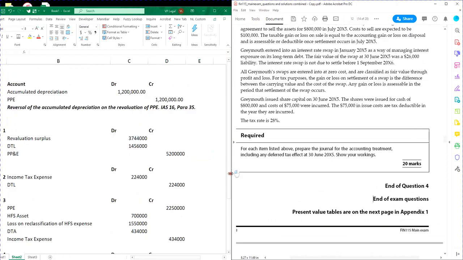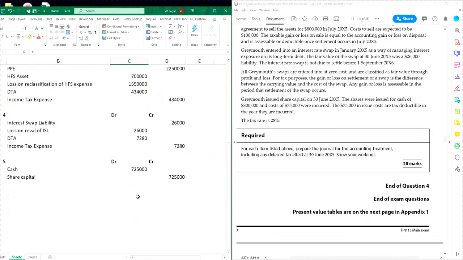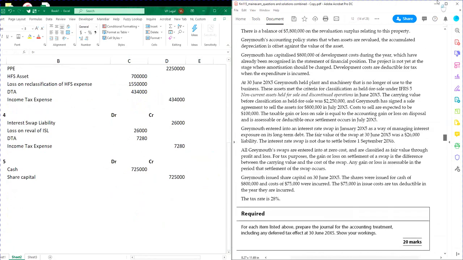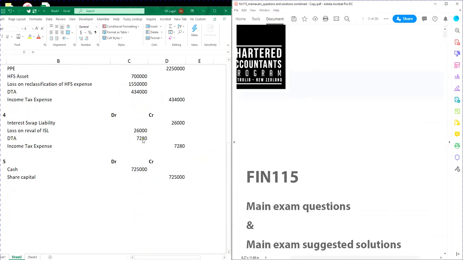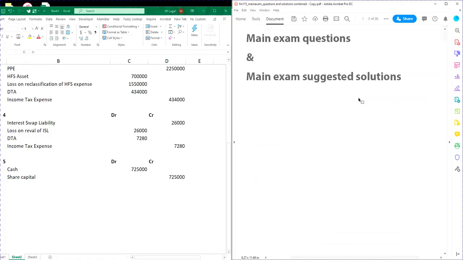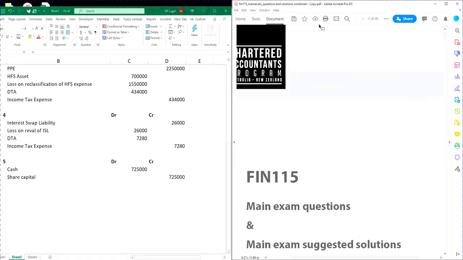That's how you get 100% on every single question for the FIN115 main exam. I hope you found this very useful. I'll continue to add more exam papers and solutions to get 100% on each of the papers. Keep doing exam papers until you've learned all the tricks, because they do tend to repeat the same types of structures of questions.